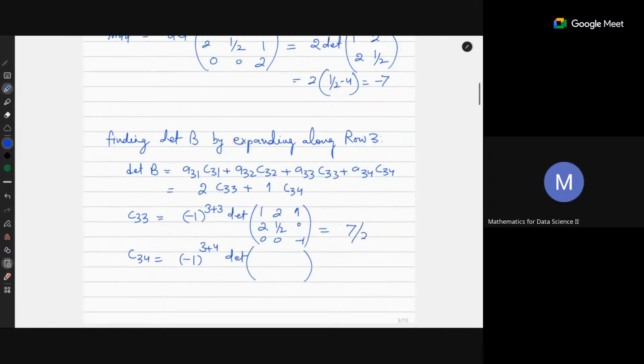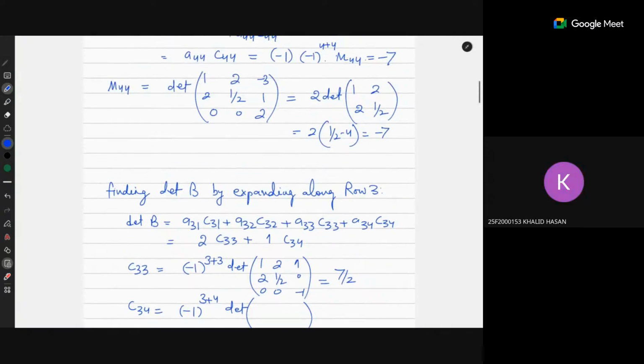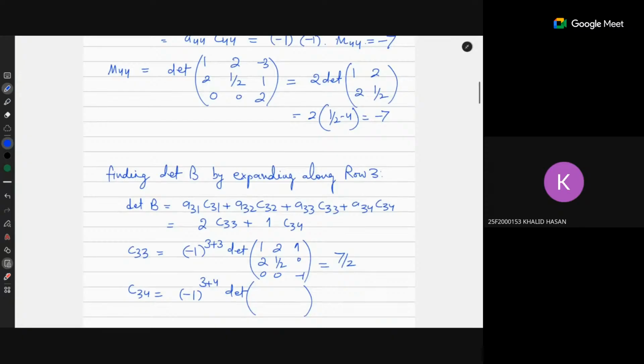Yeah, it is minus 1 times half minus 4, which will give you minus 7 by 2. So it will be plus 7. Minus 1 to the power 6 would be plus 1.